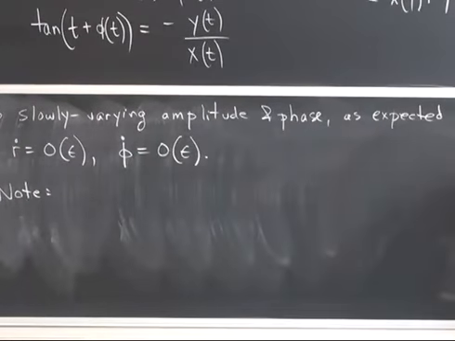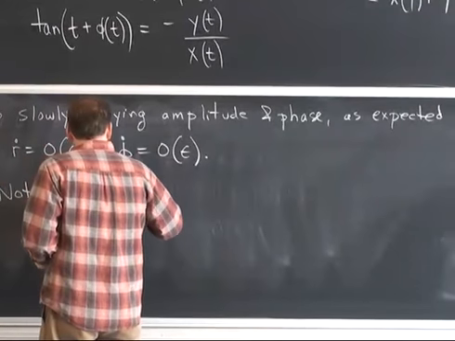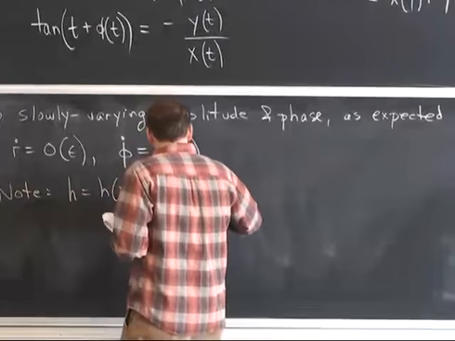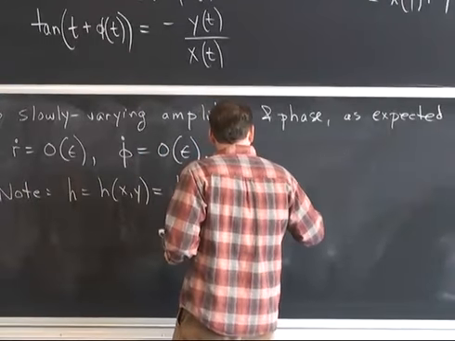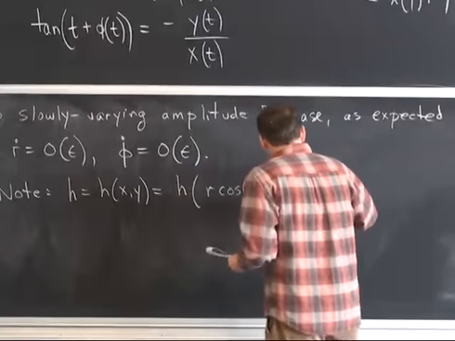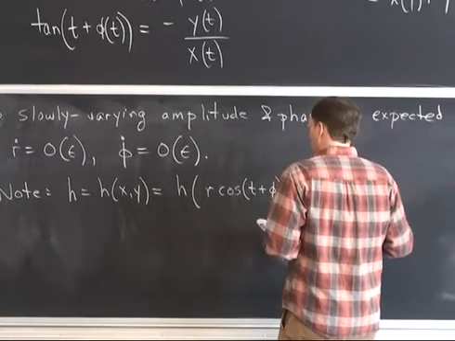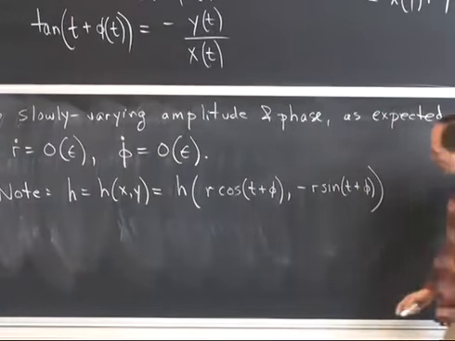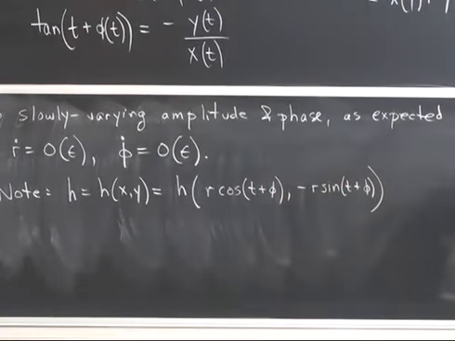I've written h, but let's think about h for just a second. h is a function of x and y, which means in these new variables, it's a function of r cosine of t plus phi and of negative r sine of t plus phi. And so h is explicitly time dependent. It has t right there in it. This is now a non-autonomous term.